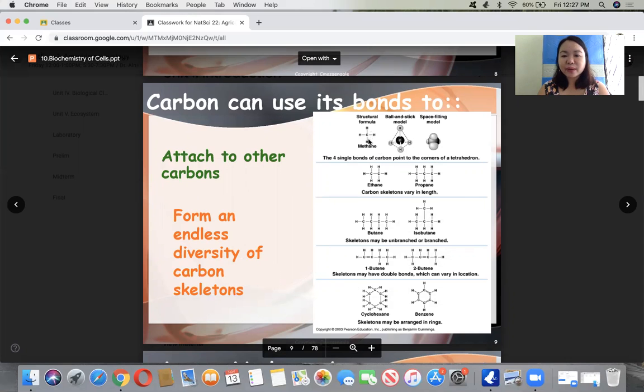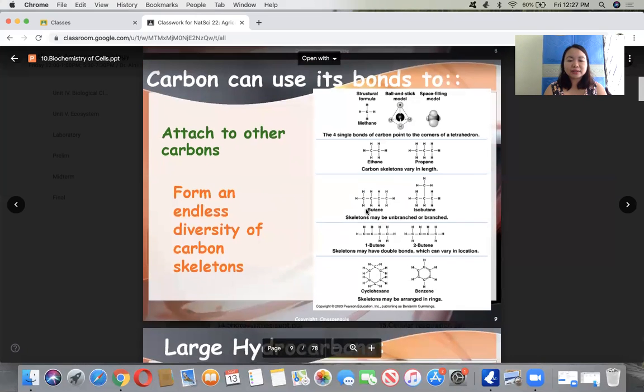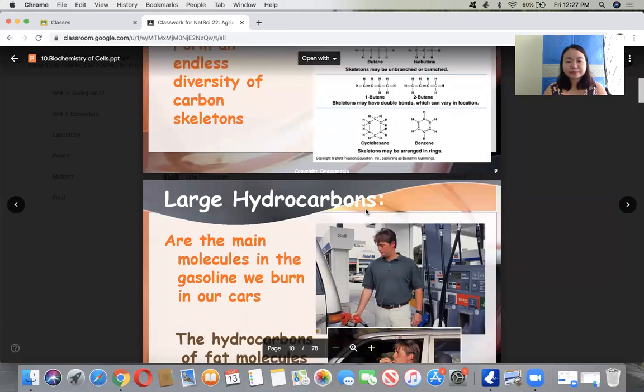It can form methane, ethane, propane, butane, isobutane, 1-butene, 2-butene, cyclohexane, and the benzene ring. These are all made by carbon atoms.